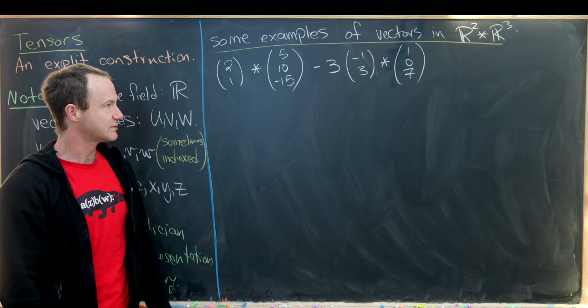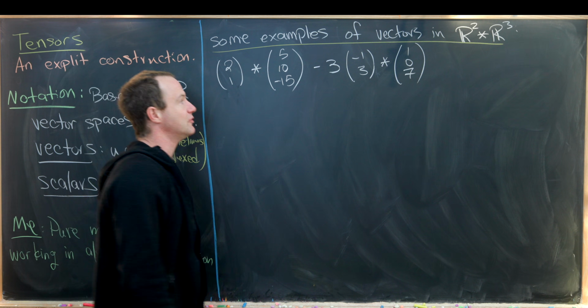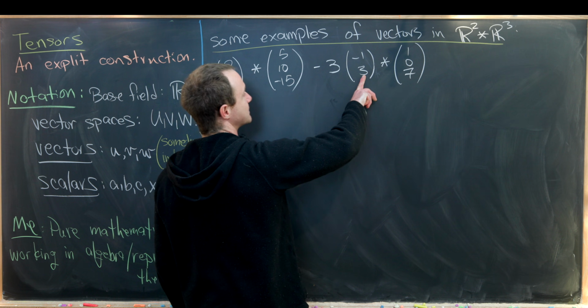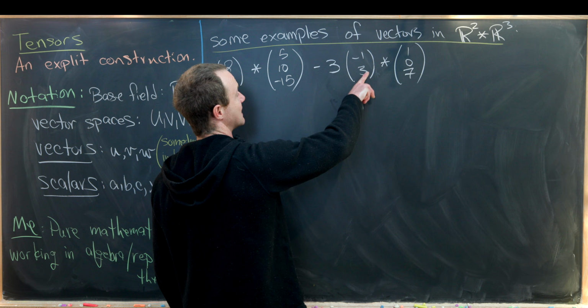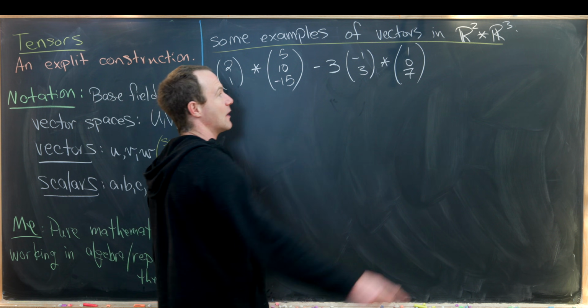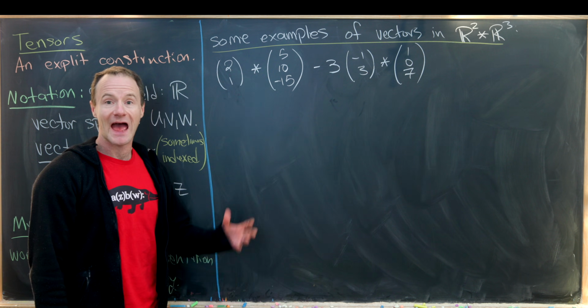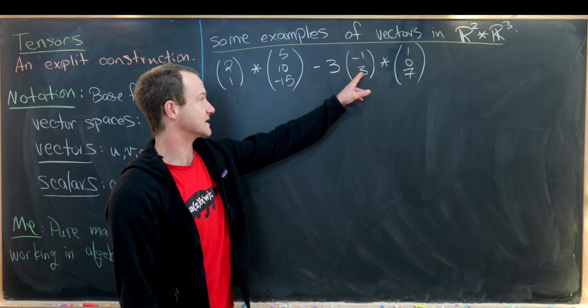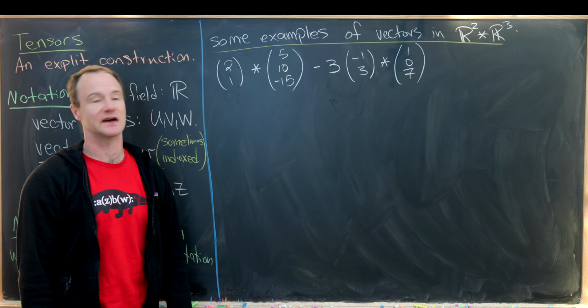But notice no simplification can occur here. You might think that we could take this 3 and perform scalar multiplication into this (-1, 3), but we can't, given the fact that we defined this as the span of those formal products. We're not allowing this scalar multiplication to go inside like that.